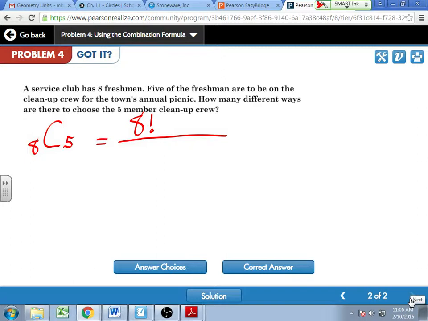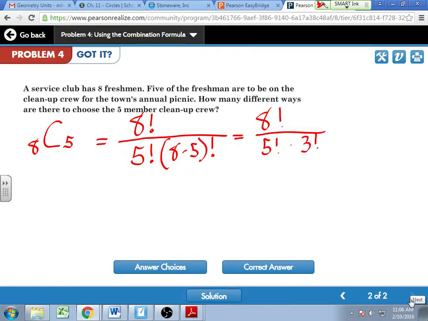So we really start with the 5 factorial and then have 8 minus 5 factorial. So this becomes 8 factorial over 5 factorial times 3 factorial, which really, when I cancel things out, I get 8 times 7 times 6 over 3 times 2 times 1.